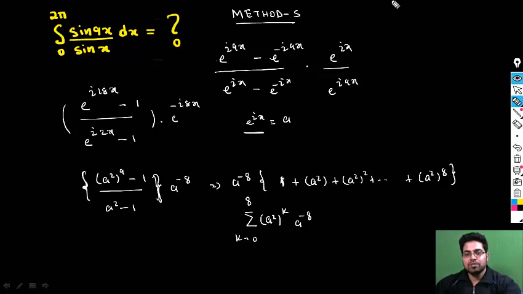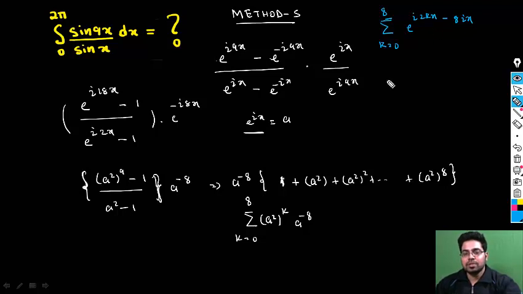So this summation would then become, now let me write this with blue, summation k equals 0 to 8, and here a square, so e to the power 2ix into k, so e to the power i2kx, and here we are having minus 8ix.